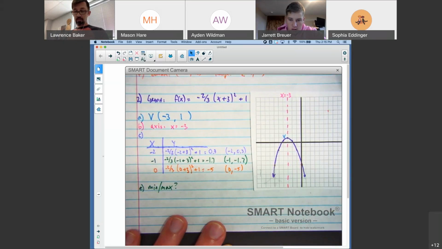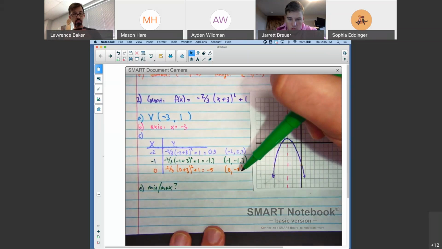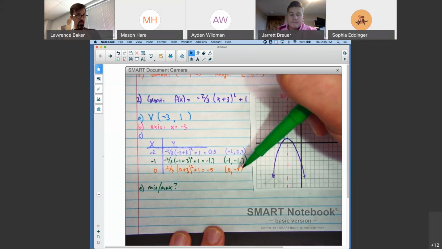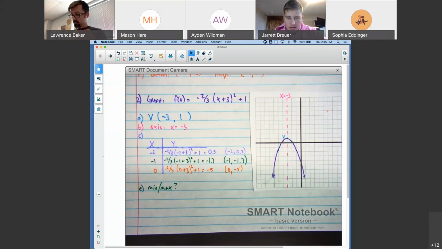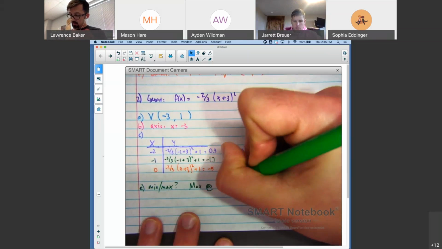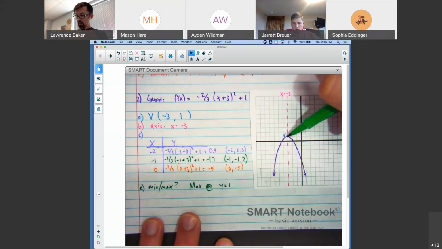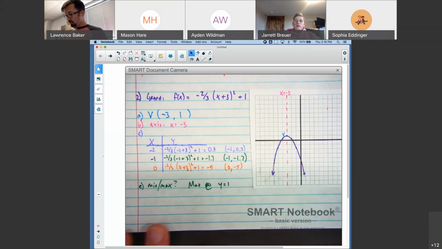What's our minimum value, Jarrett? 1? -5 is smaller than 1. -1.7 is smaller than 1. Yeah, max. That's the highest point of the graph. There is no minimum because those go forever down. All right, last thing.